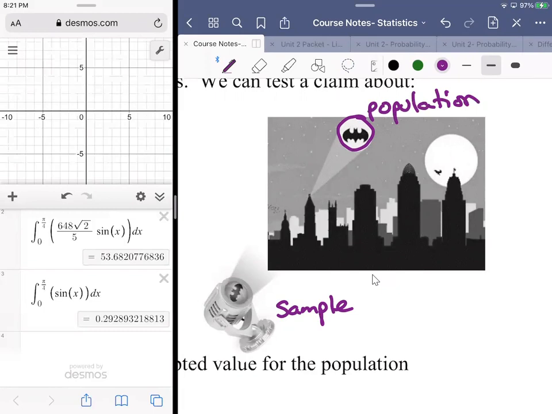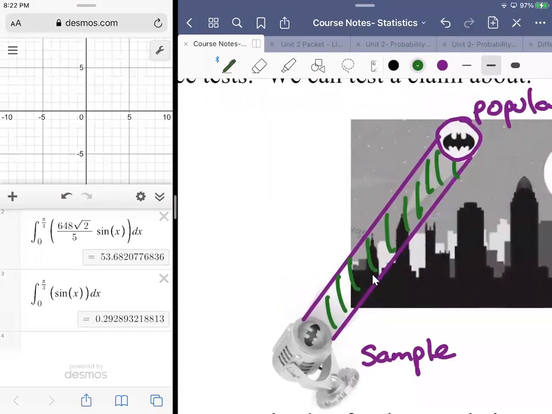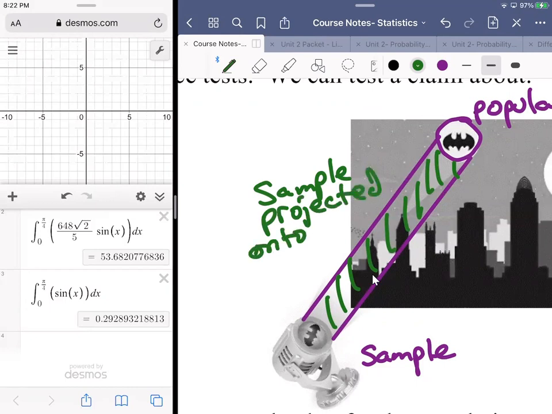This is the sample projecting onto the population. This hand-drawn diagram is even better than what I had originally. So, sample projected onto the population.